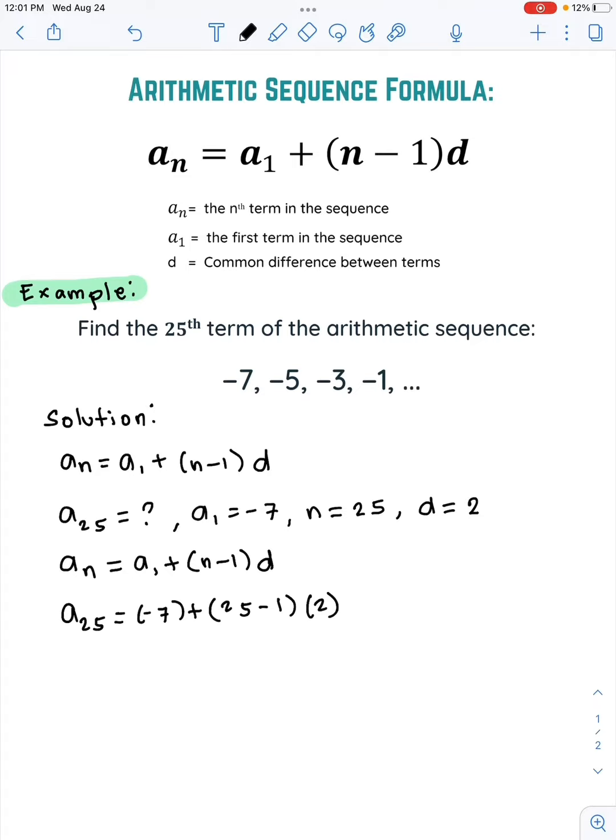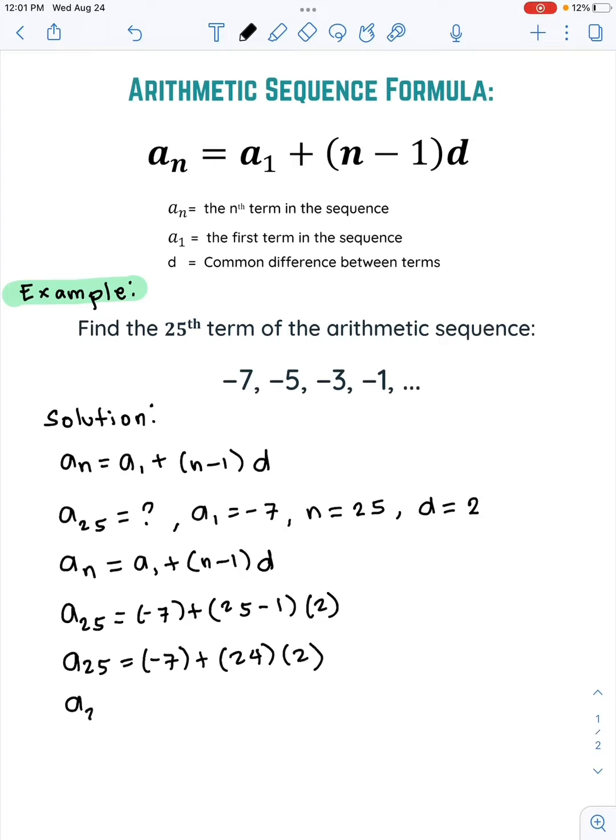Now, we continue solving the problem. A of 25 is equal to, copy lang muna natin, isolve muna natin yung what's inside the parenthesis, which is the 25 minus 1. So, 25 minus 1, that would give us 24. Multiplied to 2.